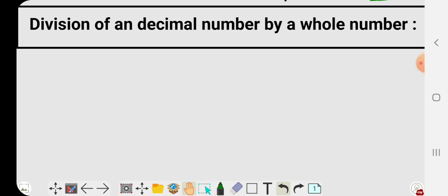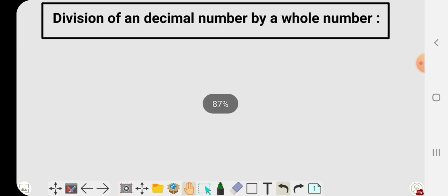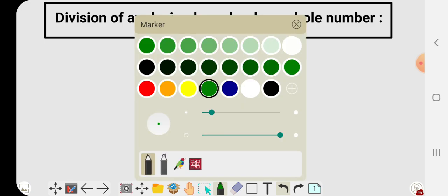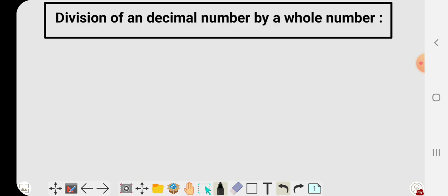Second is division of a decimal number by a whole number. Let's suppose there is a decimal number 2.6, and you have to divide this number by a whole number. You have to write the examples also in your fair copy.